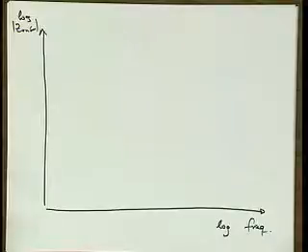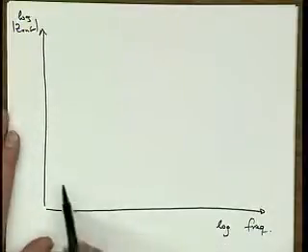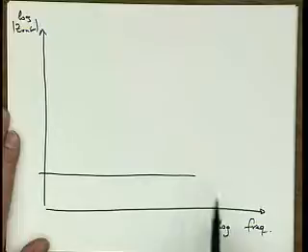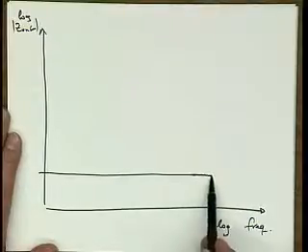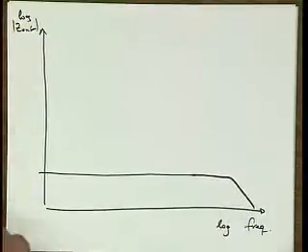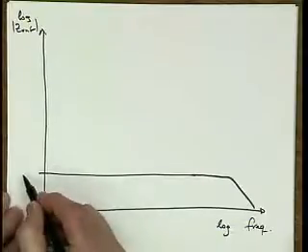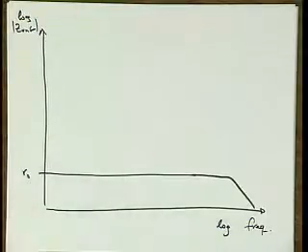What's the output impedance of just the current source? Well, that's going to be something like this, right? And then at a sufficiently high frequency, it's going to fall down. Why? Well, because we have some capacitance at the drain end of our transistor that is going to become very low impedance at sufficiently high frequency. Okay, so this is no cascode, just current source, and this is, of course, RO1.